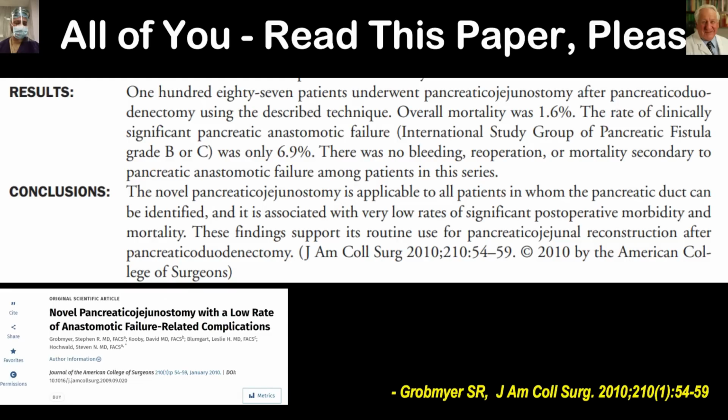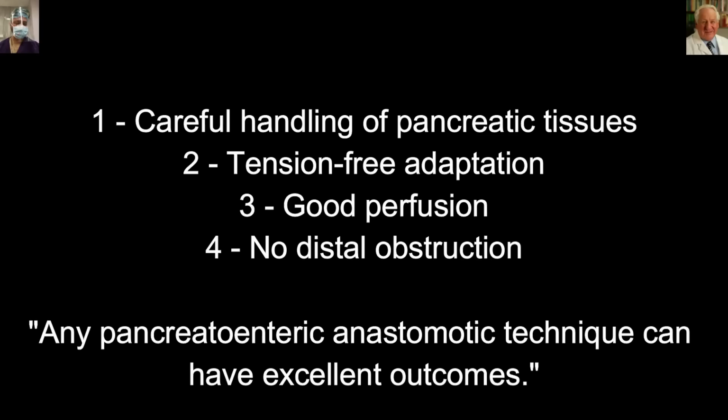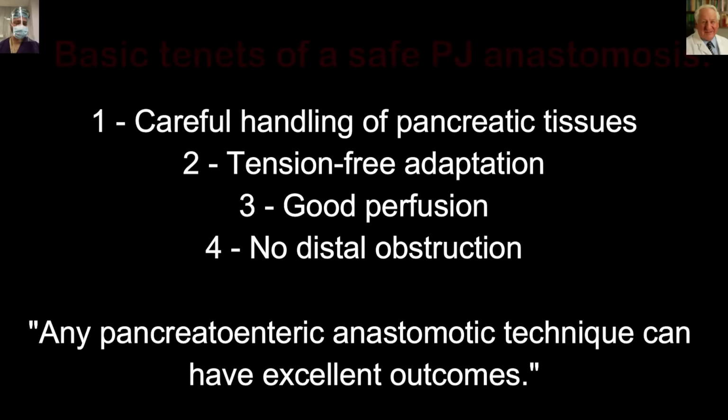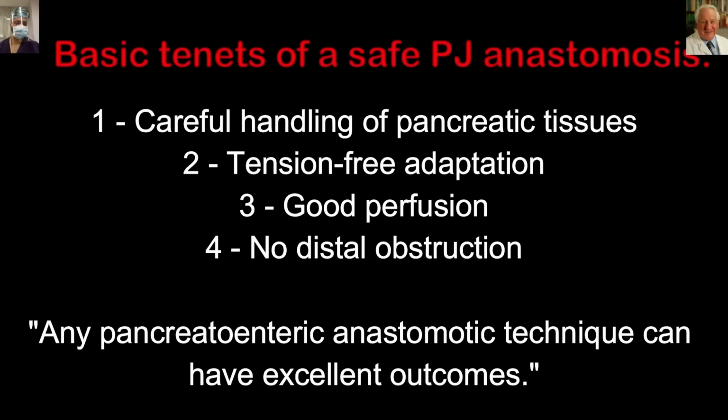Again, the idea here is that you should be able to identify the MPD, or the pancreatic duct; only then can you do the duct-to-mucosa technique. The basic tenets of safe pancreaticojejunostomy are: careful handling of the pancreatic tissue, as in all surgery, and tension-free adaptation.